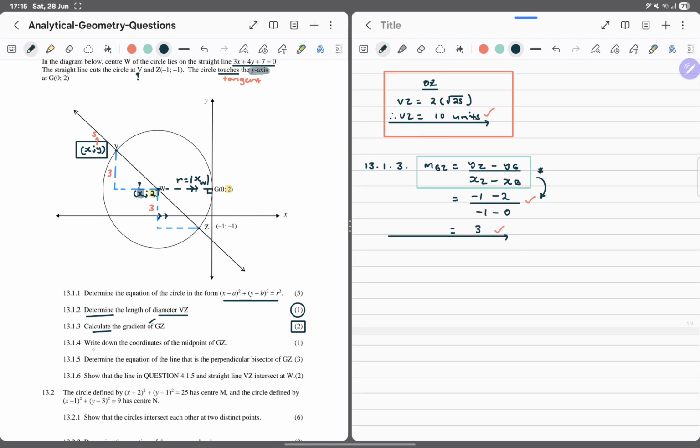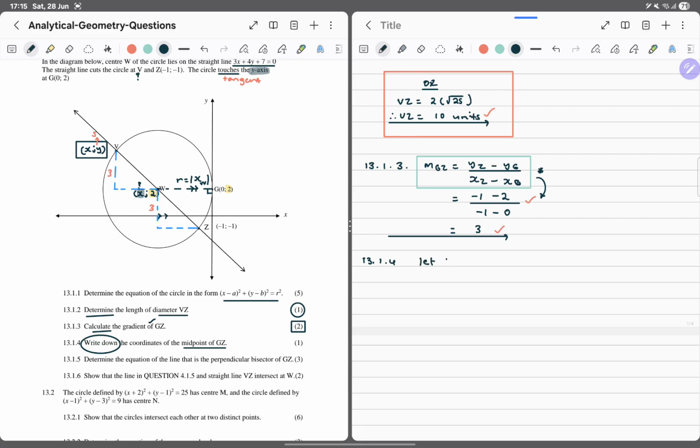All right, so the next one says we need to write down the coordinates of the midpoint of GZ. Now when the question says write down, again, this is a directive that no silly calculations are to be shown here. So it means you do it on the rough work and then sort it out. Okay, so we have 13.1.4.